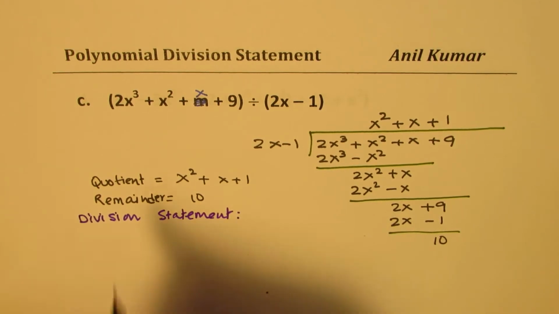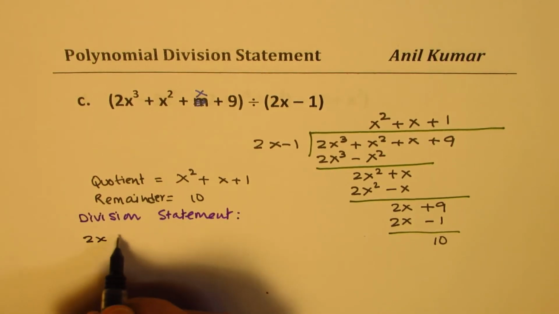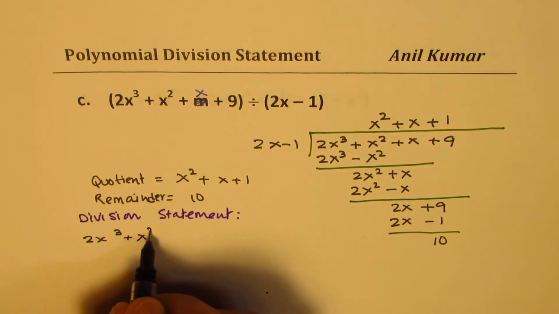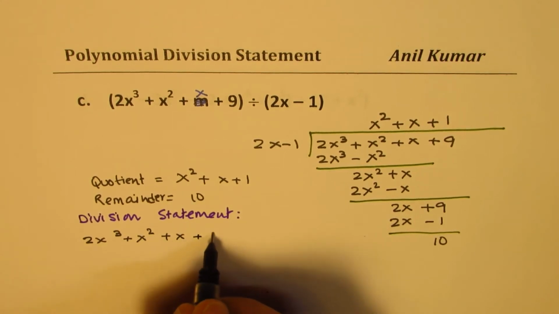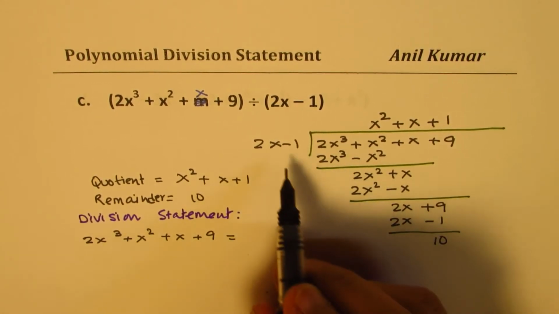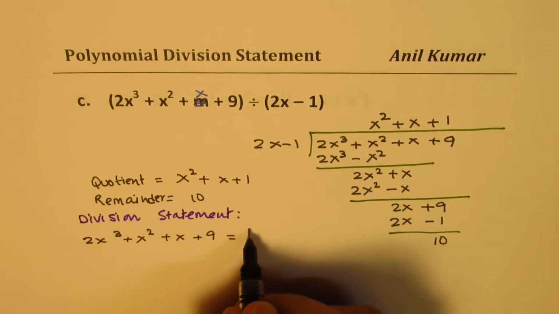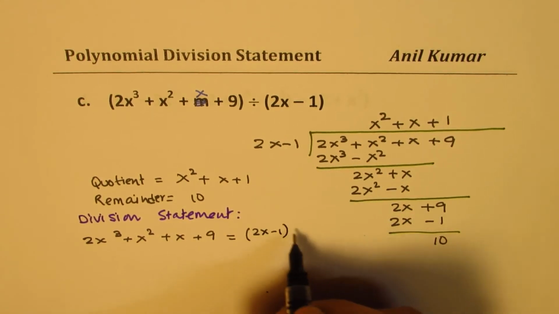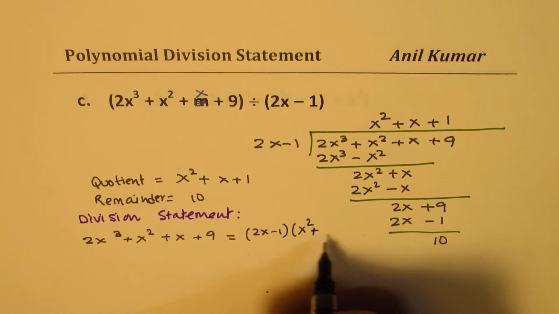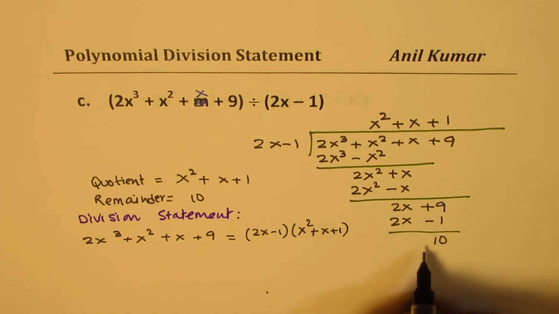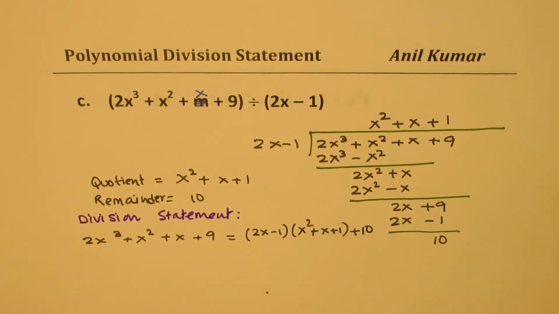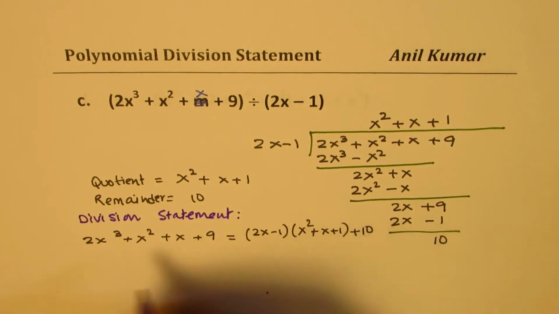As 2x cubed plus x squared plus x plus 9 is equal to divisor times quotient, which is 2x minus 1 times x squared plus x plus 1 plus the remainder 10, right? So that becomes your division statement.